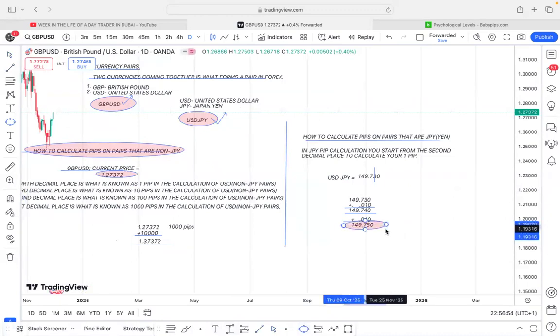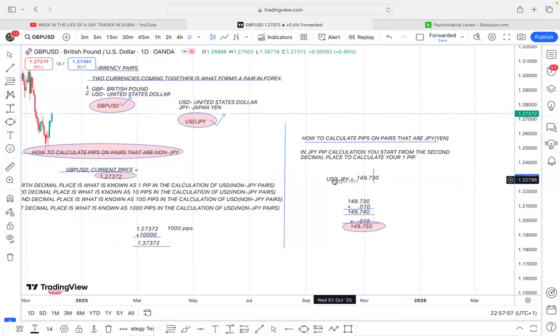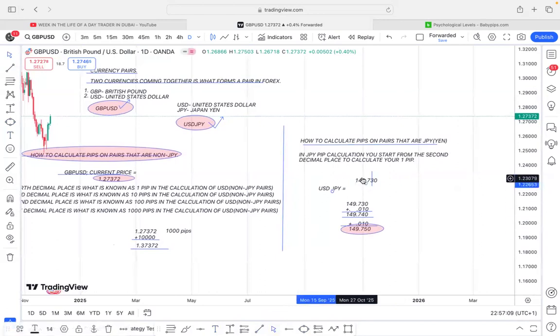So once I do 10 pip calculation, you're going to have an idea of where the next is going to be. So how are we going to have our 10 pip? So now let's say the current price, which is here. We know that in JPY, when you're calculating your 10 pips, it starts from where? Let me see. The second decimal place. No, sorry.